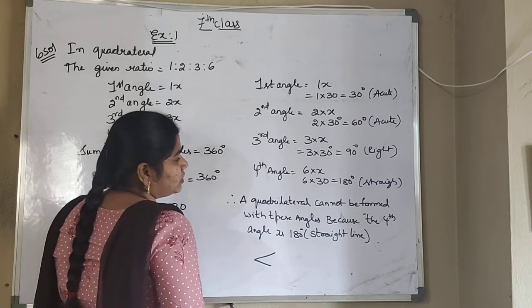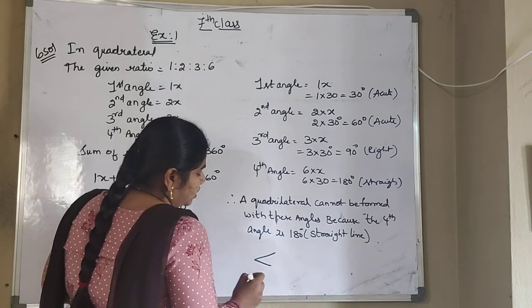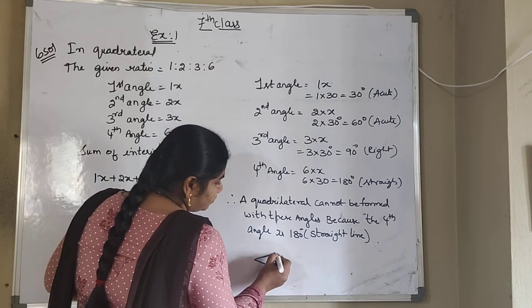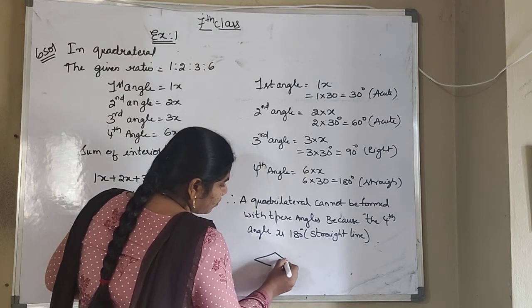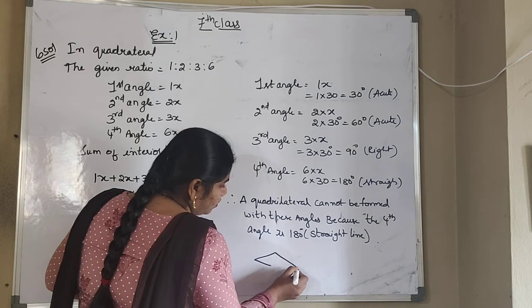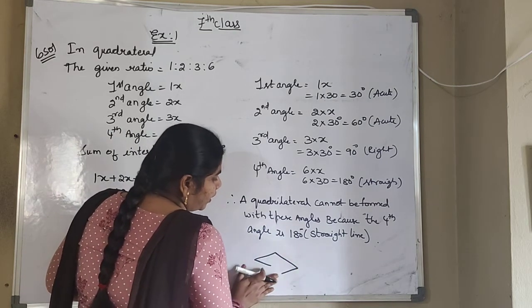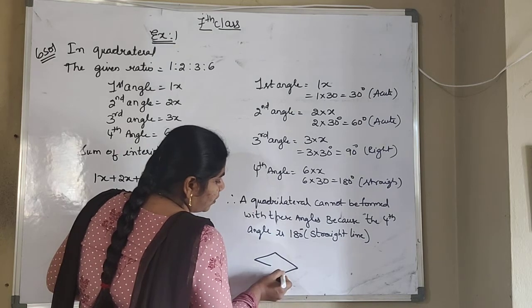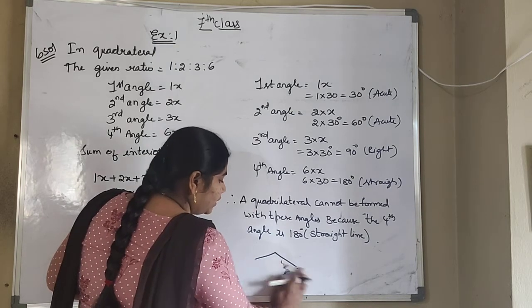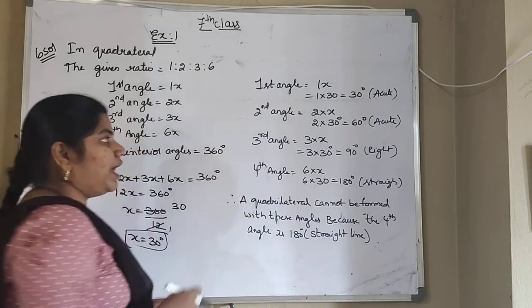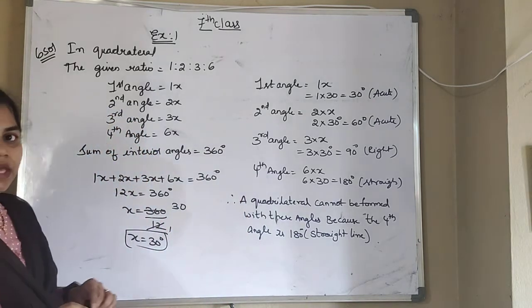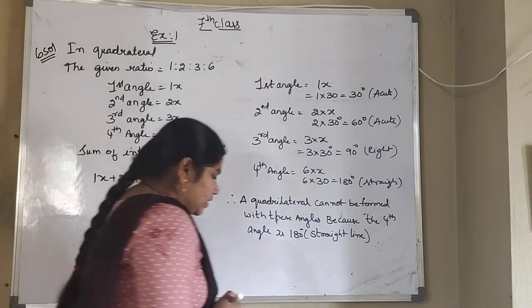Next, 60 will be like this. The 90 and 180 will be in the form of a straight line. So with the given angles, a quadrilateral will not be formed. So this is our sixth solution.